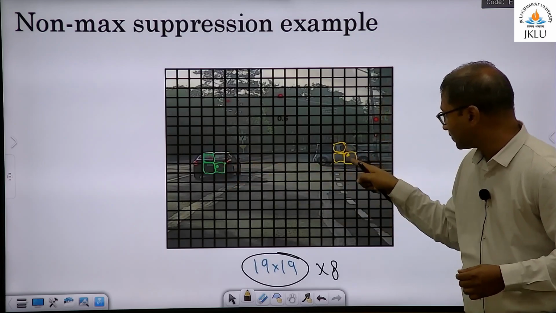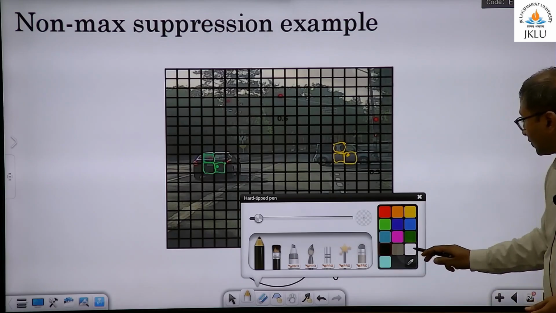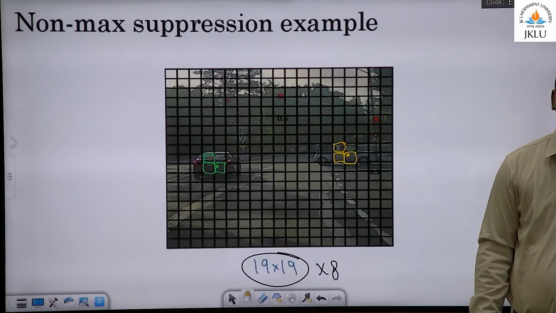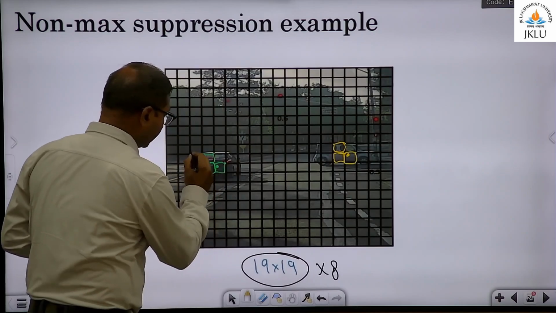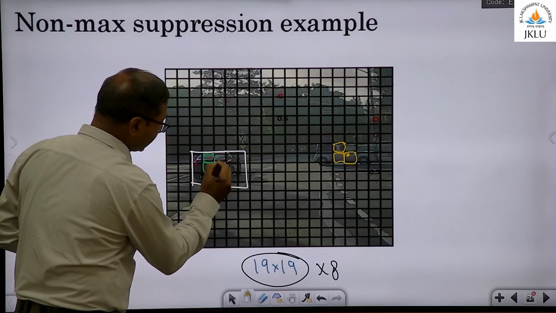Maybe this gives you some hints. Can you have multiple bounding boxes for the same object? Why? So one labeler gives me this bounding box whose center is here.